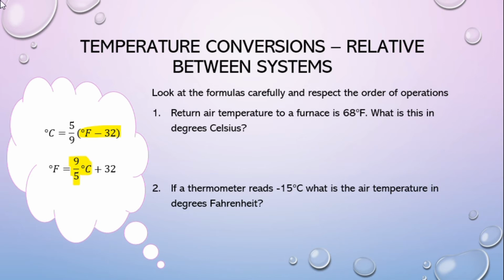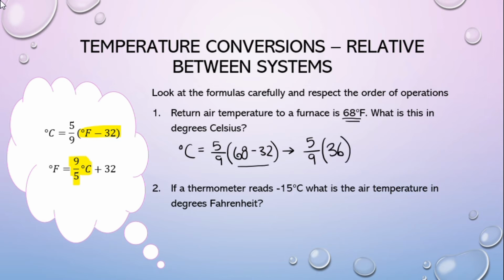So let's do it. Looking at number 1, we have a temperature of 68 degrees Fahrenheit, and we want to convert that to a specific temperature in Celsius. So we set it up. Degrees Celsius is 5 divided by 9 times (68 minus 32). My next step is to do the math in the bracket. 68 minus 32 is 36.